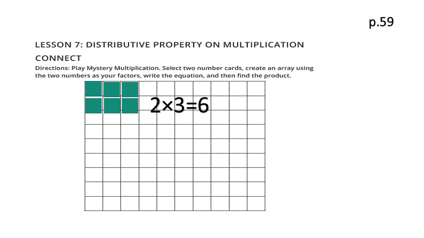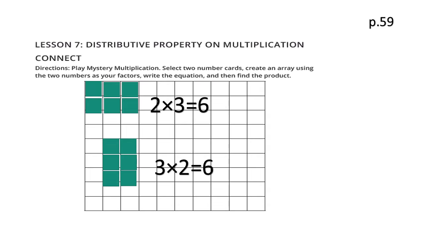So let's draw another array with the same factors, but we use the commutative property. Do you remember this? Yes, sure. So I draw here 3 rows and 2 columns. The equation is 3 times 2 equals 6.